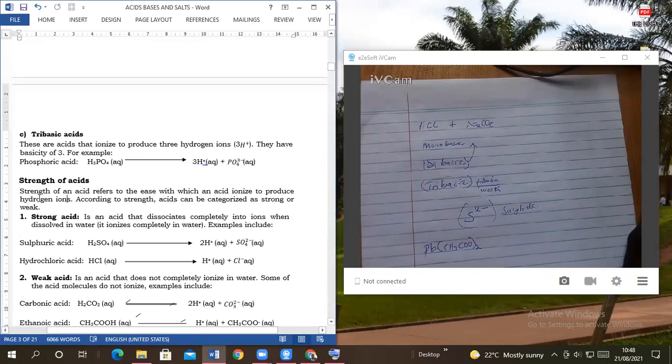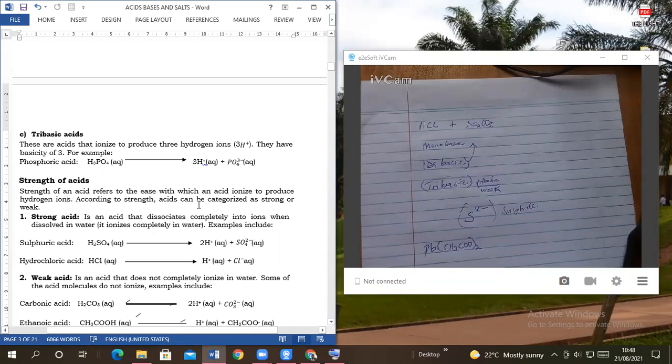So here we have the strength of the acid. Strength of the acid refers to the ease with which an acid ionizes to produce hydrogen ions. If the acid separates into individual ions easily to produce hydrogen ions, then that is the strength of that acid.